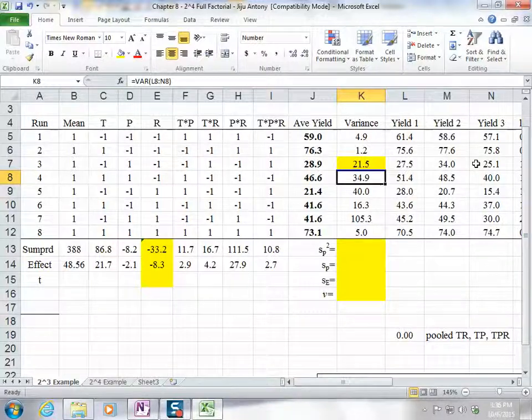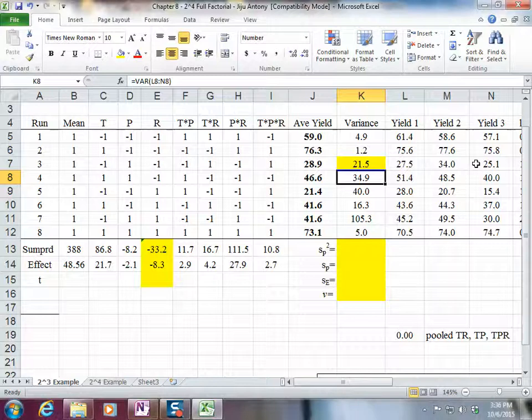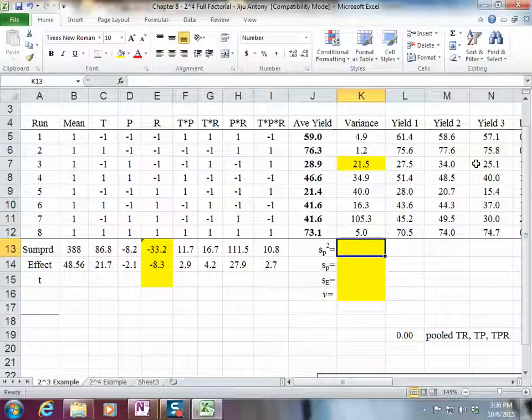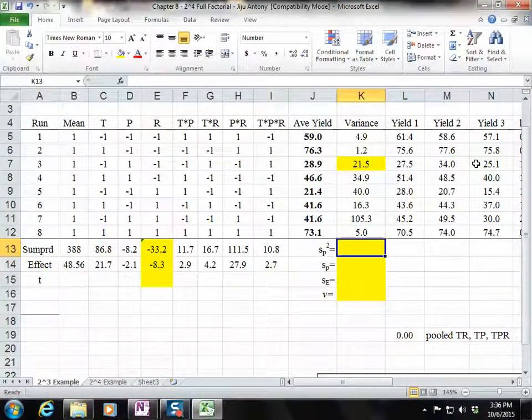That's huge. Anyone get that? All right, the variance part.